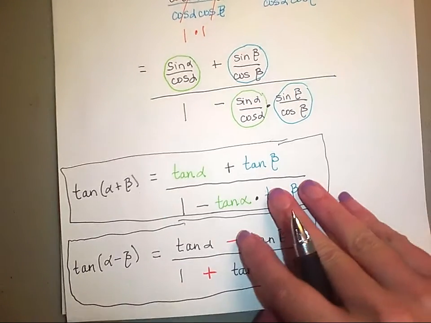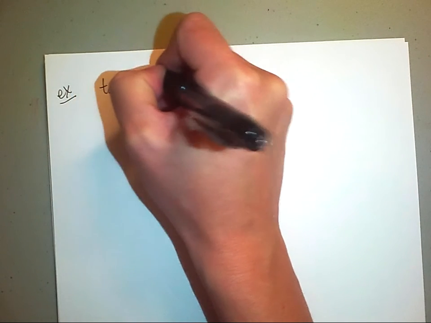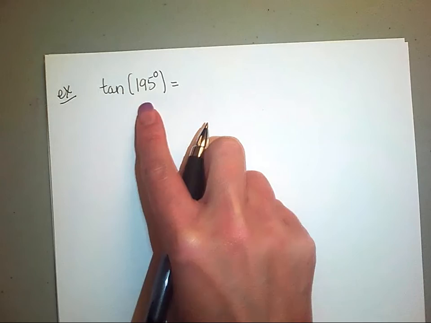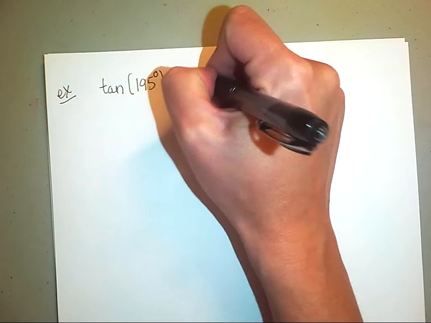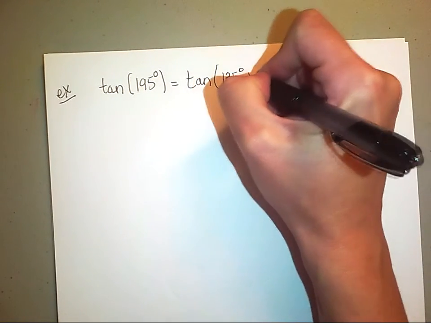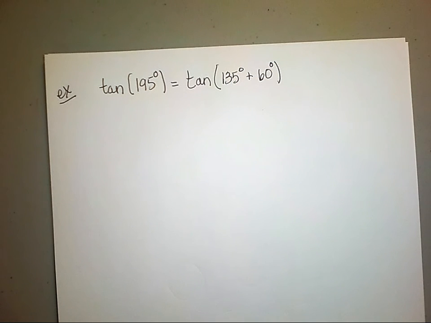Let's do an example of these then. Alright, so for example, if we had to find the tangent of 195 degrees, not a known angle on the unit circle, we're going to rewrite that in terms of angles that we do know, and we do know 135 plus 60.